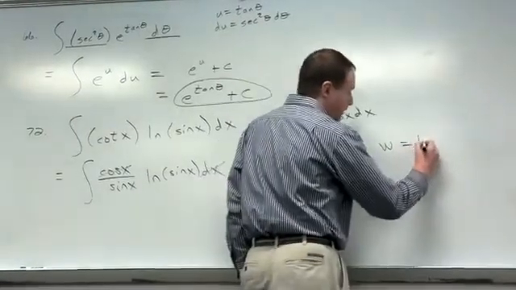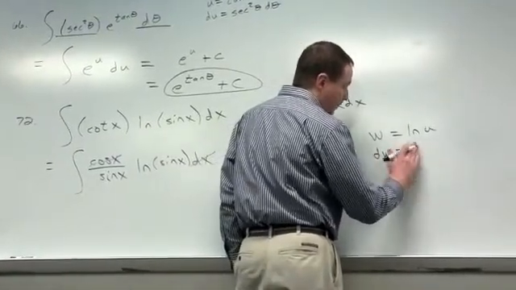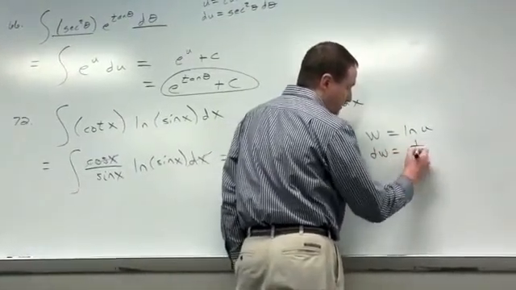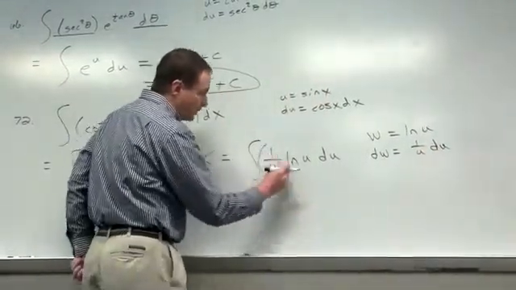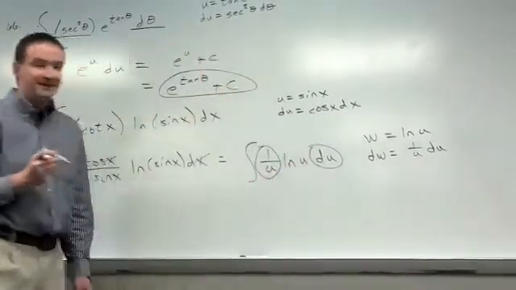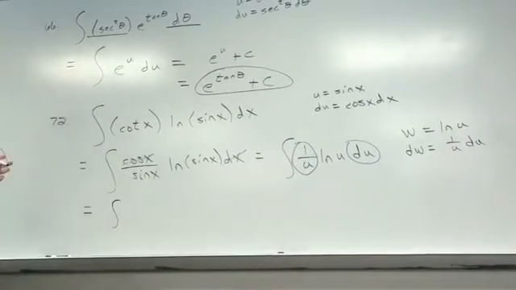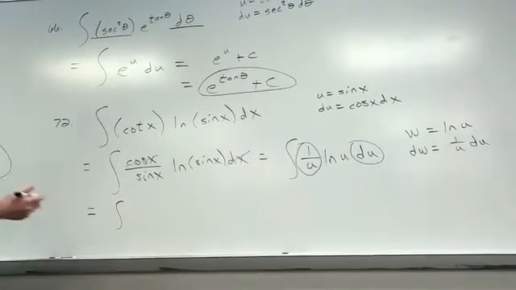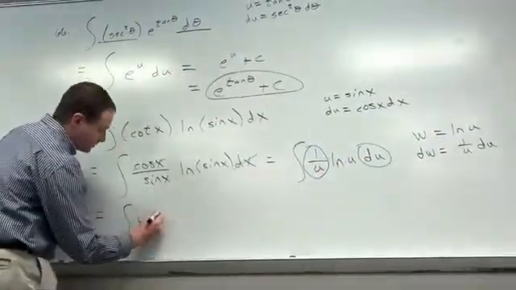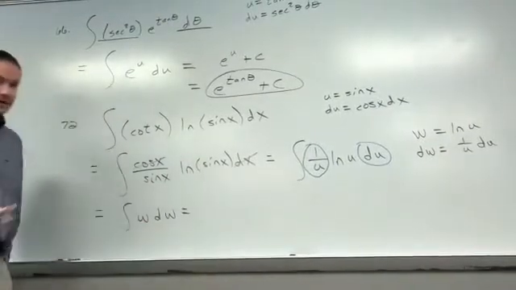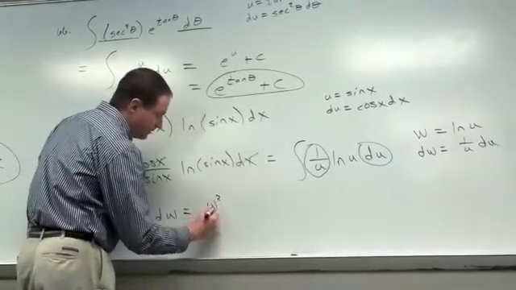So I'll let w equal the natural log of u, and then dw is going to be 1 over u du. So now I know all of this becomes dw, and I'll have the integral of natural log of u, which is w, so I have the integral of w dw, which now we can finally integrate pretty easily and say that this is w squared over 2 plus c.